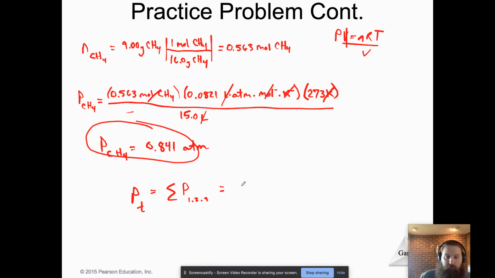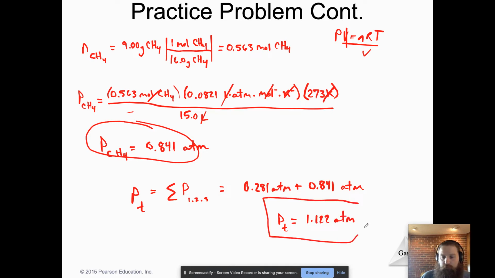My first pressure was 0.281 atmospheres. My second pressure is 0.841 atmospheres. Atmosphere and atmosphere, I can add those. They're like terms. So the total pressure, PT, is equal to 1.122 atmospheres in the vessel. And that's how I do those problems. Okay?